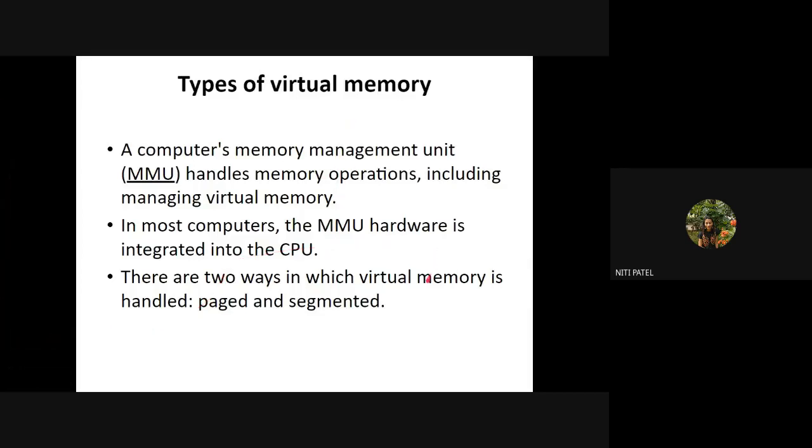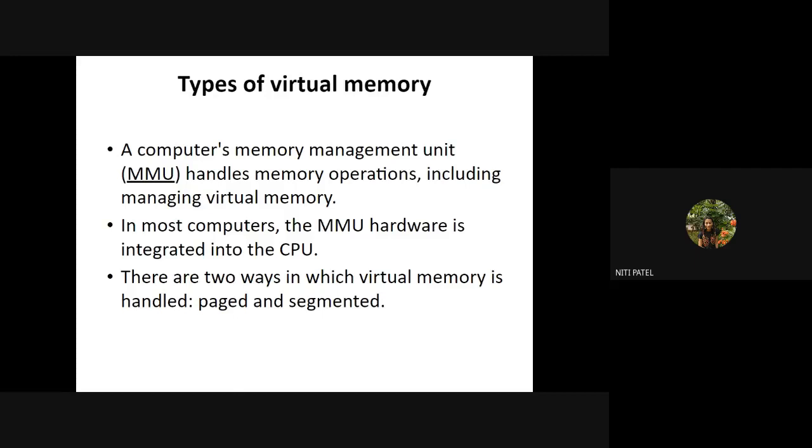There are two ways in which virtual memory can be handled. The same two concepts: paging and segmentation. In paging, your memory is divided into pages, and in segmentation, your data is divided into segments. Your paging concept has a page table, your segmentation has a segment table.